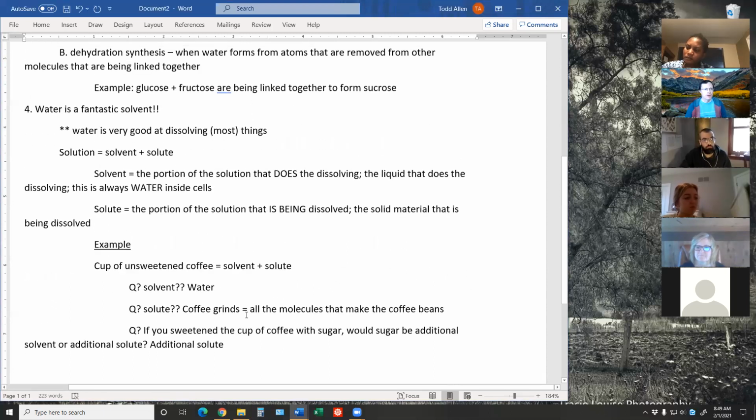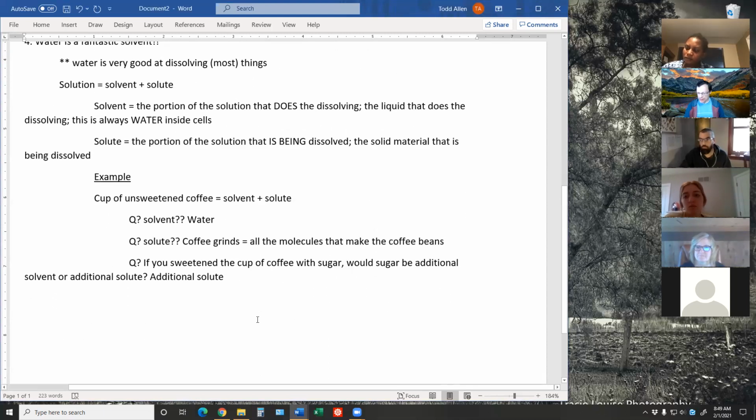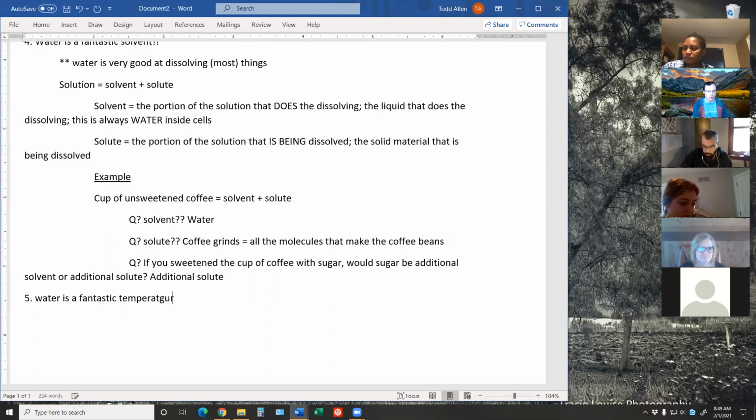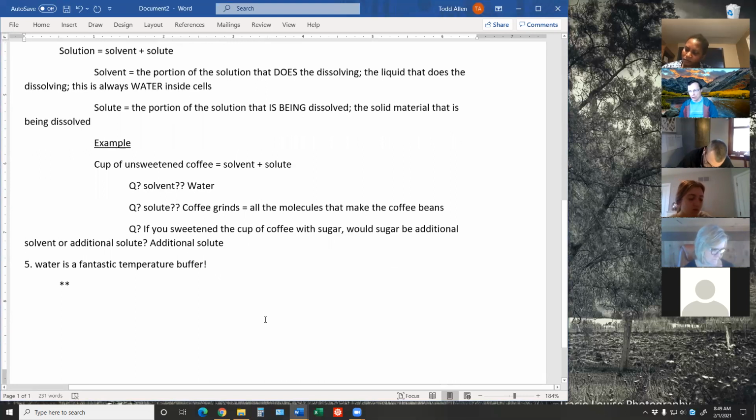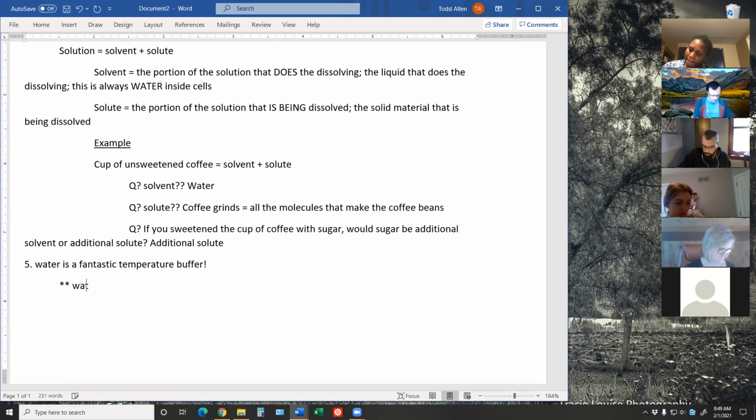So, water is a fantastic solvent. Next, number 5. Water is a fantastic temperature buffer. This is a fancy way of saying that water is very, very good at resisting changes in temperature.